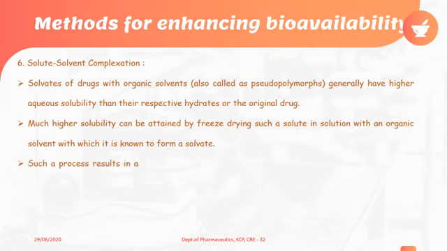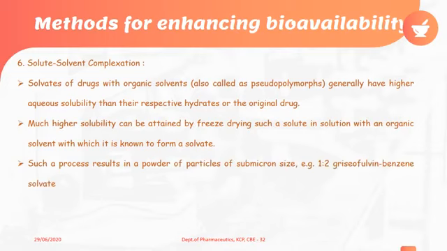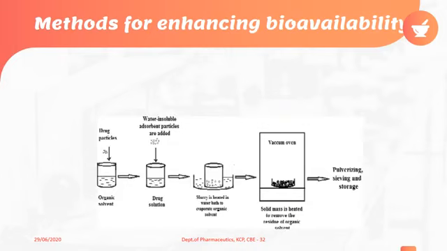Such a process results in a powder of submicronized particles. Example, 1:2 griseofulvin benzene solvate proportion. However, one should take care that the solvent is non-toxic. That is most important. Another process used for getting better bioavailability is solvent deposition.